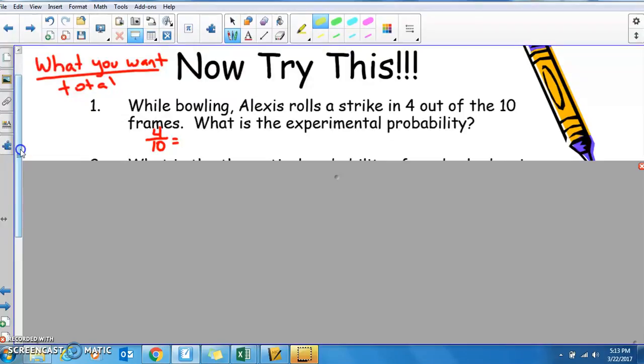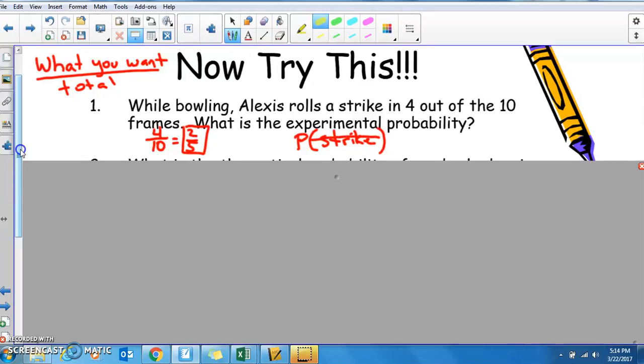So let's just simplify it, which gives you 2/5, because 2/5 is what you get when you divide 4 into 10 by 2. So her experimental probability of rolling a strike would be 2/5. Okay. What would be her probability of not rolling a strike? So what I'm going to do is I'm going to put a line through it.